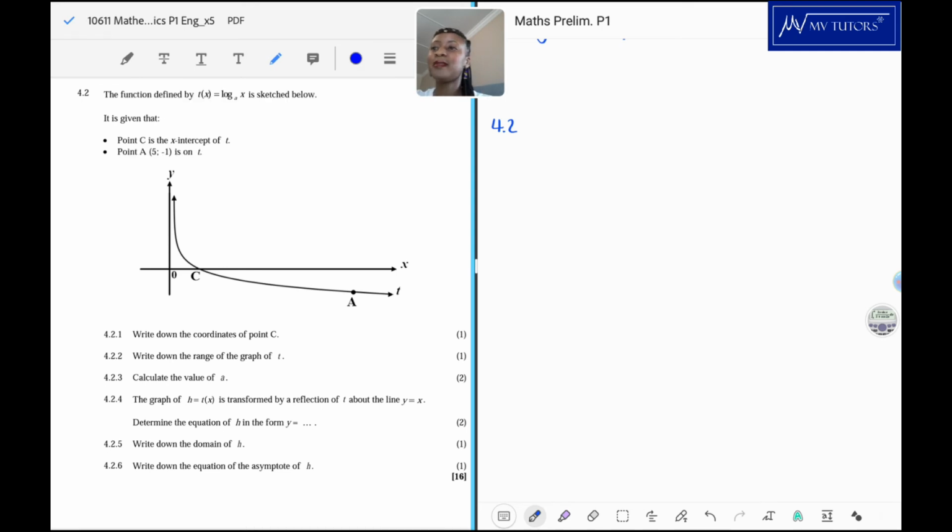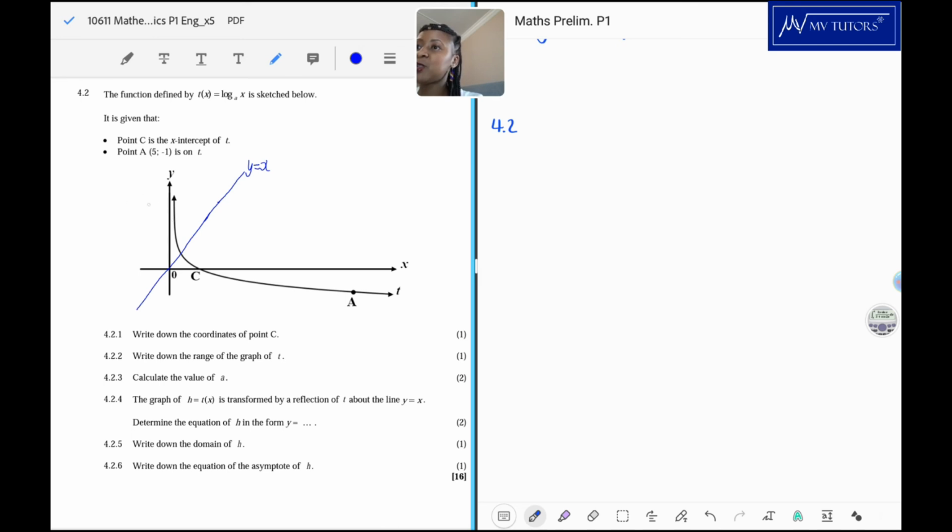If you want to know how the original graph looked, you have your axis of symmetry there, y is equal to x, and your graph pretty much has to be symmetrical about that. So your original graph would look something like this.